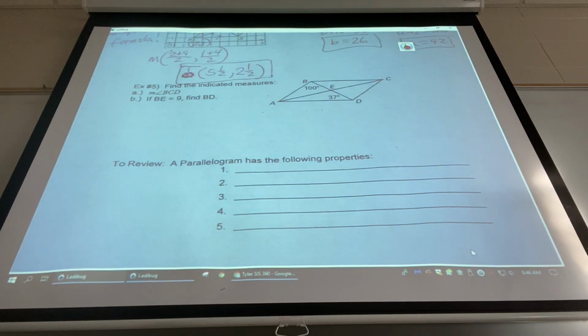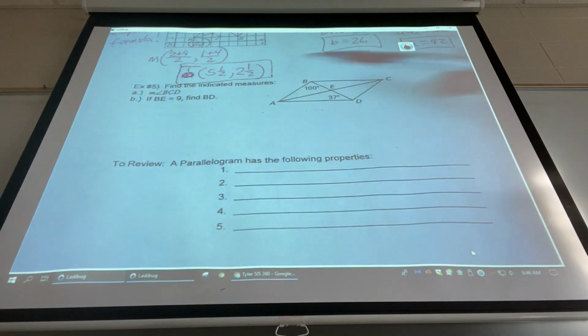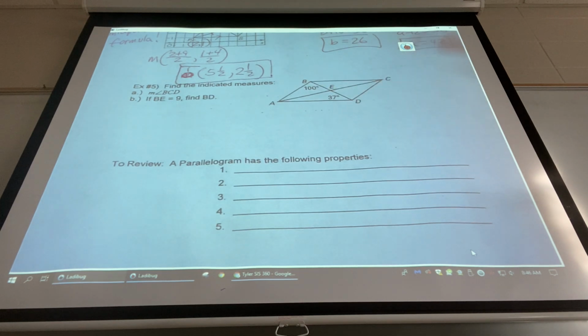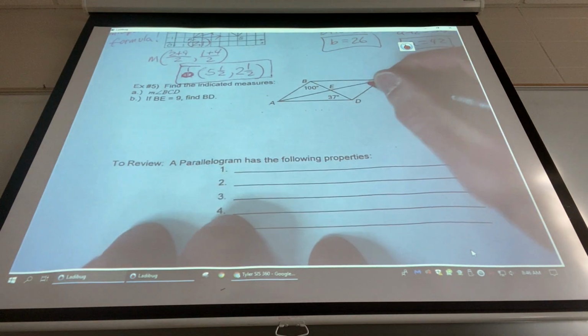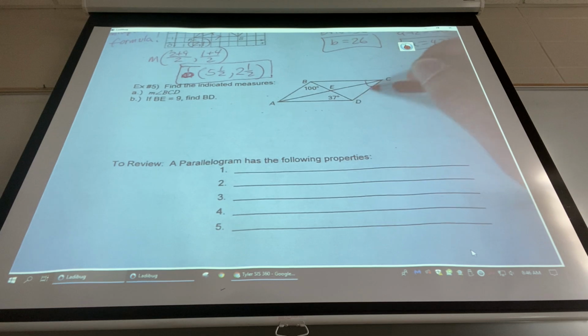Find the indicated measures. That sounds more complicated. Measure of angle BCD. Any ideas for BCD? So we're talking about that whole angle, right? Emery, what you got? We can know that BDC is 100 degrees because of alternate interior angles.